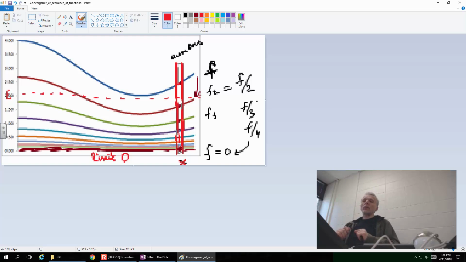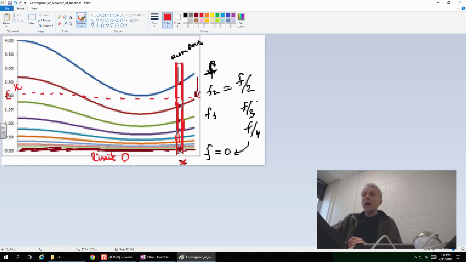What we need to make sure is that sooner or later those graphs of functions will fit within that band. Okay, and they do. Look at it. Eventually they will be less than that number, which happens to be whatever, 1/2 or something like that. So that's one standard, and sooner or later they will meet that standard.